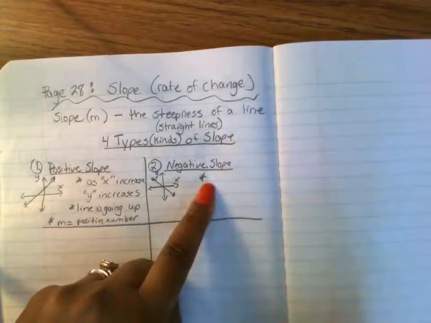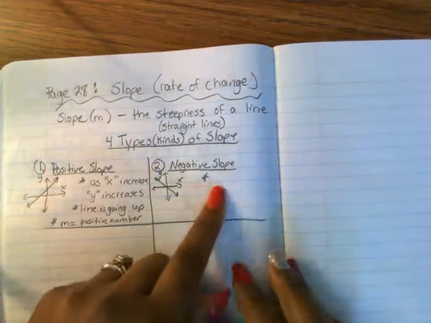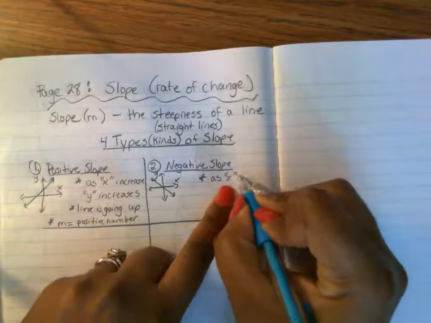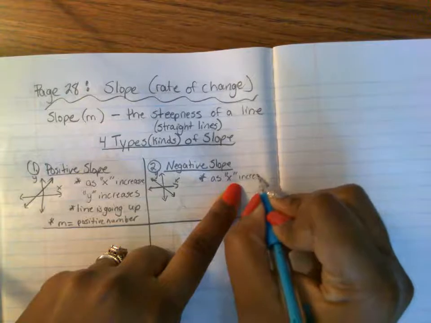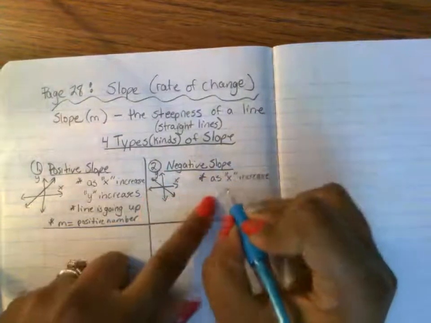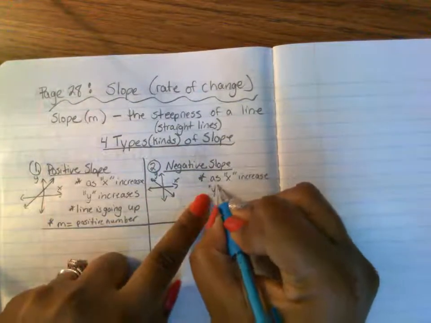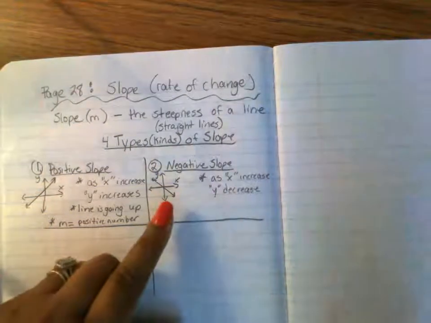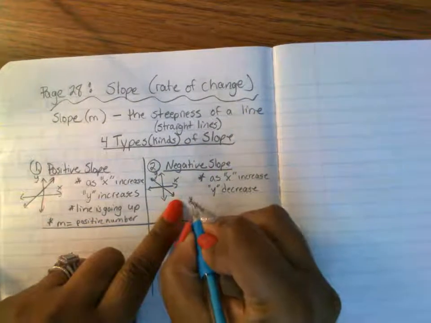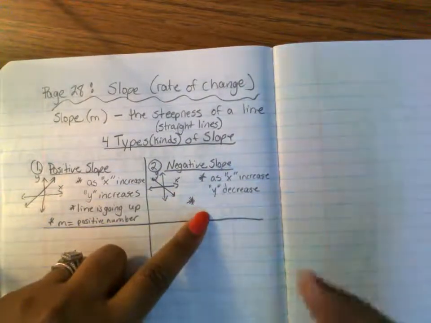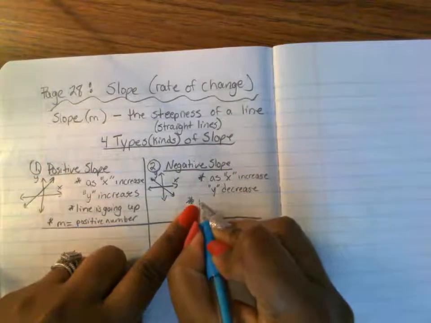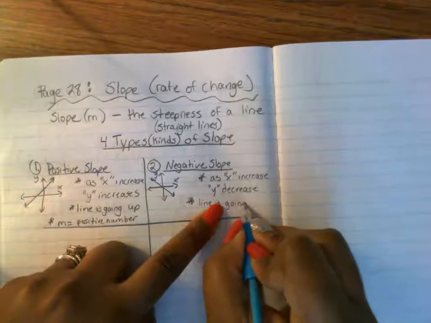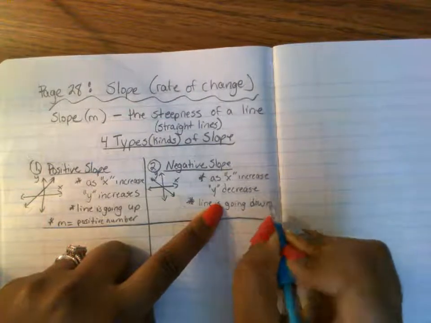And in math language, I'm going to describe this line as x increases, y decreases. And in layman terms, the line is going down.